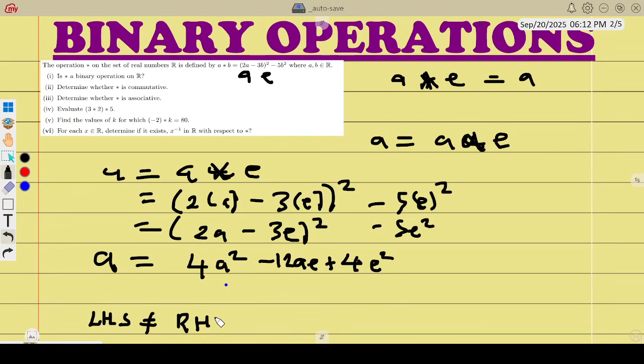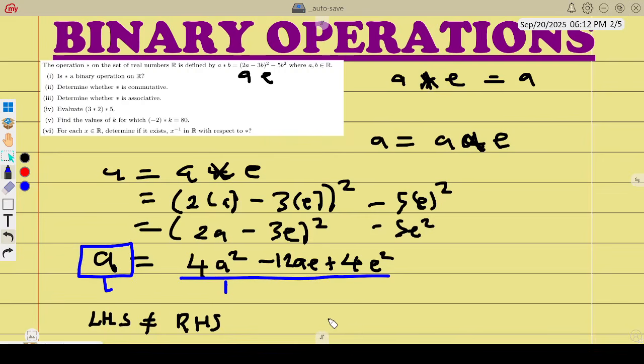No matter what number we put on A, let's say maybe we put 1 where there's A. If we put 1 here, and then on the other side when we operate, we're not going to end up with 1. So it didn't lead to the same thing. So the identity does not exist.